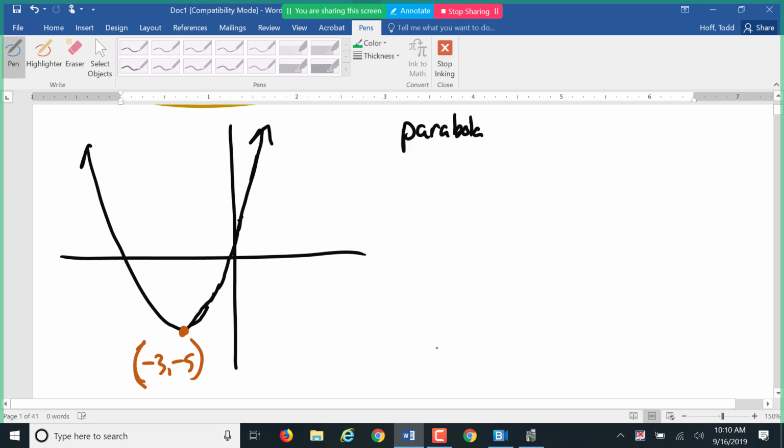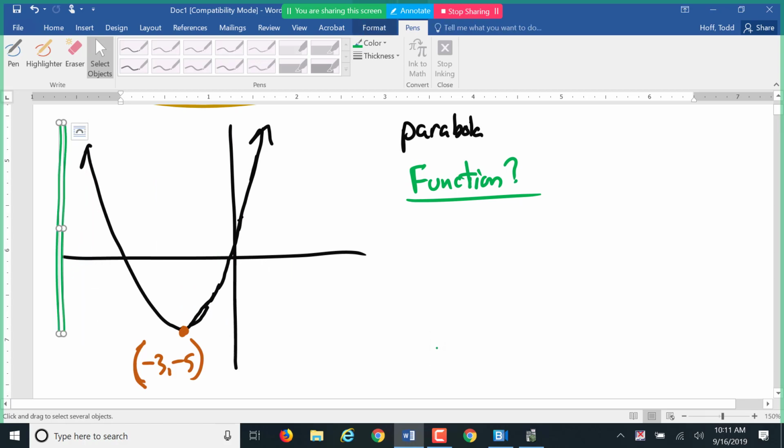If I ask you, first of all, is this a function? Of course, the answer would be, yeah. I can take a vertical line and I can run it across this. And there's no place that it's going to cross it more than once. That is a function.